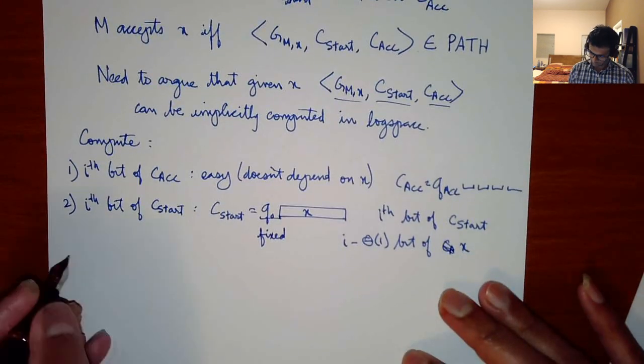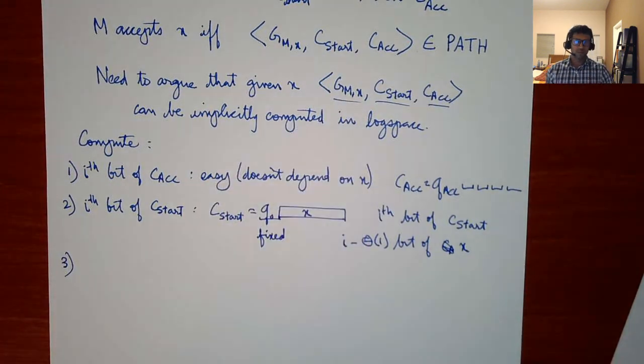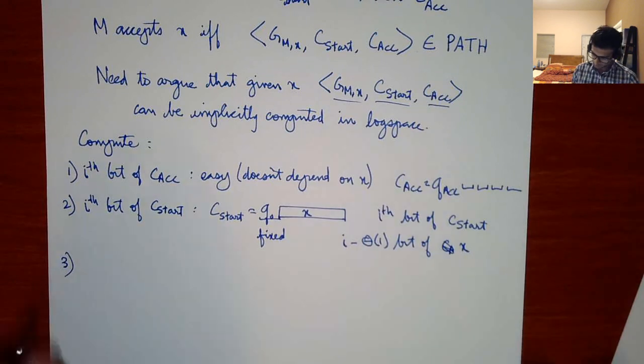Now remember, we said that we can think of GMX as represented by the adjacency matrix. You can think of the adjacency matrix written down in just one row, but it's convenient to think of being able to index it by two different indices.